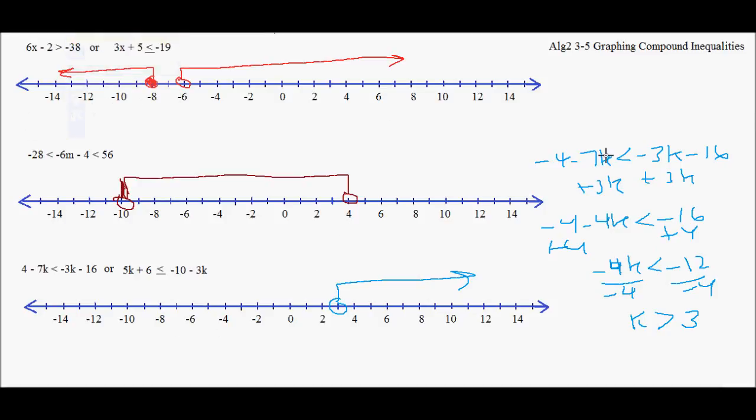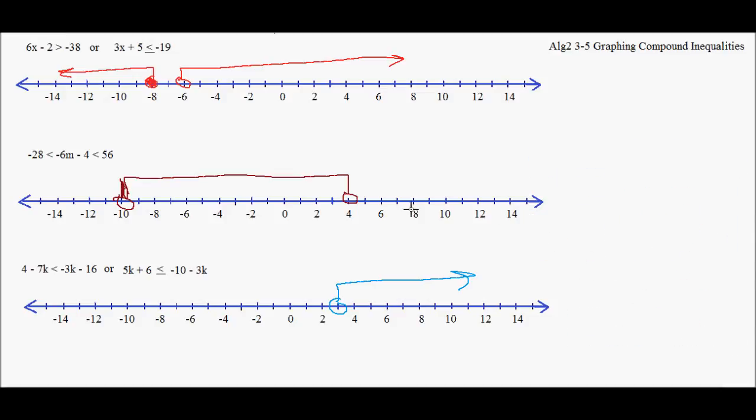And then I get the other one, and that is going to look like this. We'll do it in orange, I guess. So 5k plus 6 is less than or equal to negative 10 minus 3k. Okay, so I'm going to add 3k to both sides. So I get 8k plus 6 is less than or equal to negative 10. Subtract 6 from both sides.